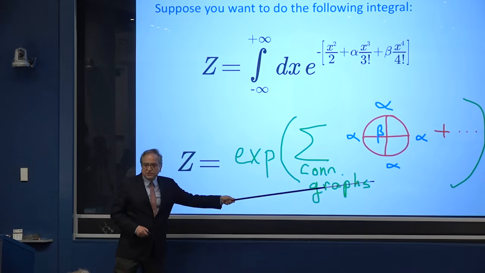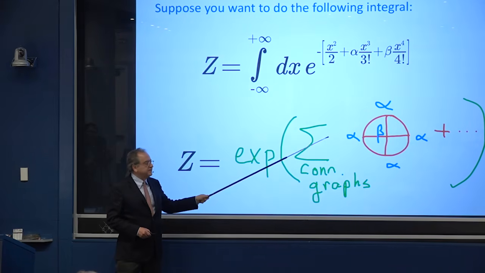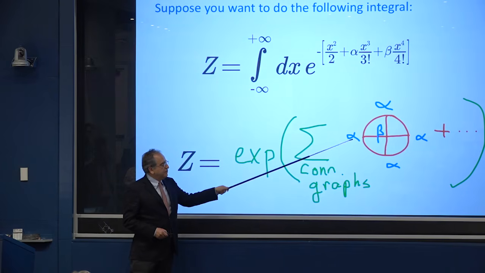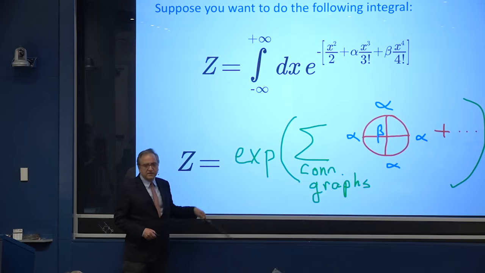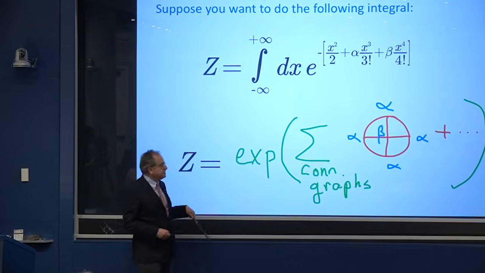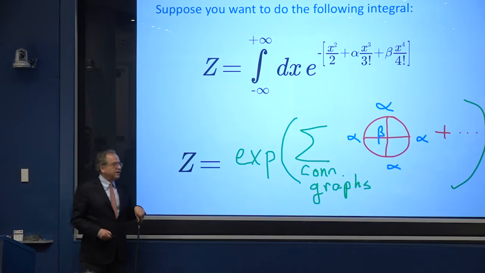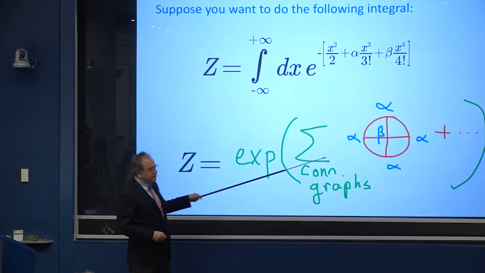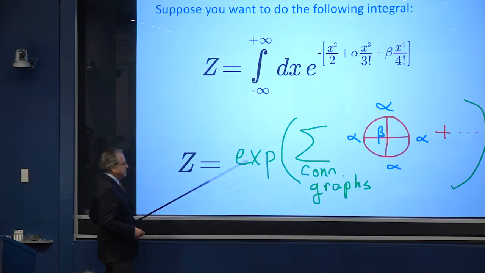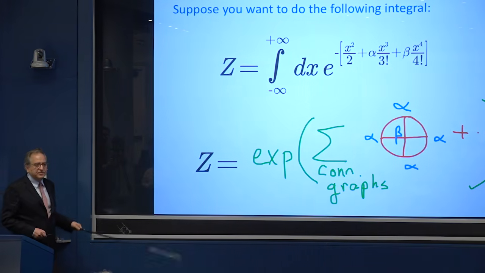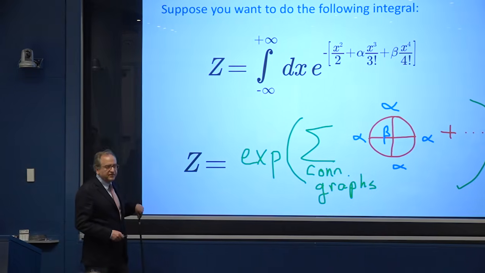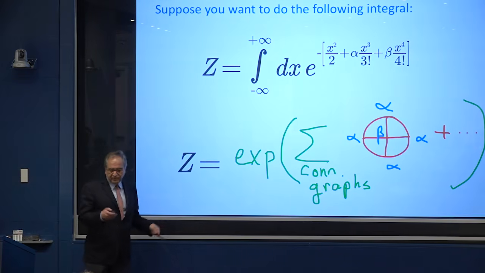And you consider all such graphs with certain combinatorics factors, namely, for each graph, you put a factor of alpha or beta depending on whether you have a cubic or a quartic vertex, and some combinatorics factor having to do with the symmetry of your diagrams. You sum all the connected graphs, exponentiate it, and this gives you a perturbation series for Z. So this is a graphical representation of this in perturbation theory.